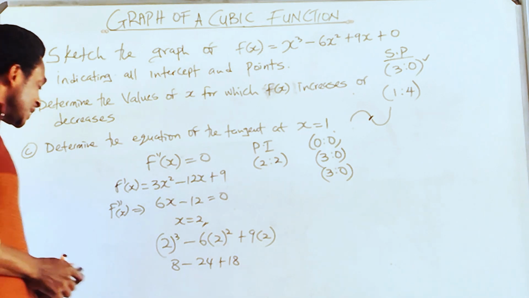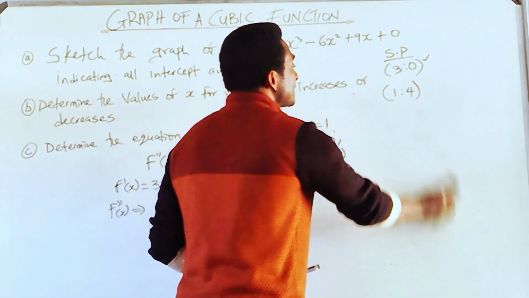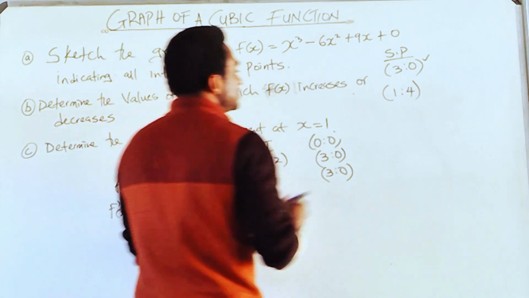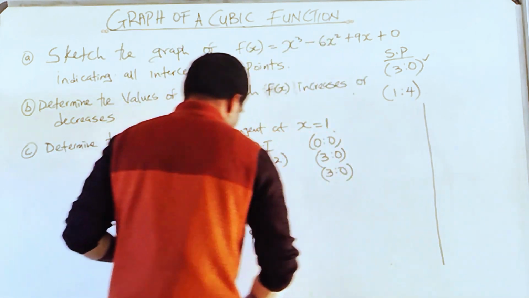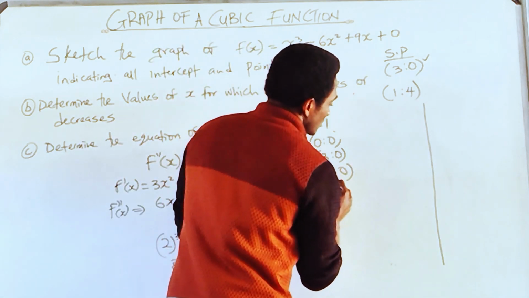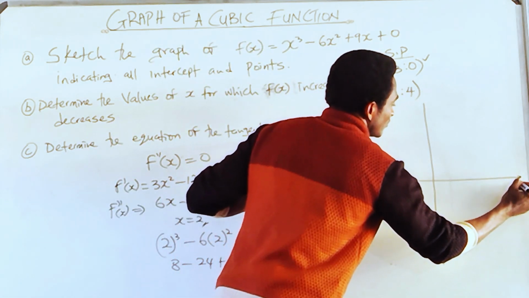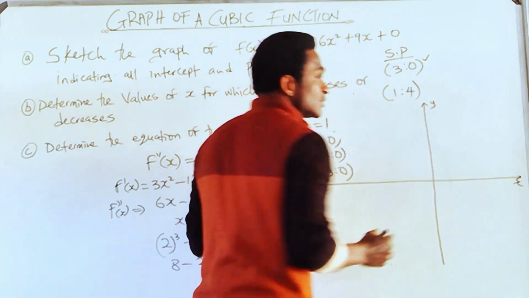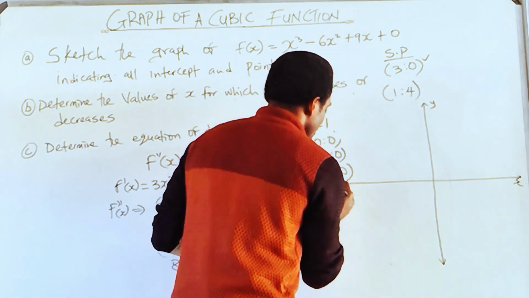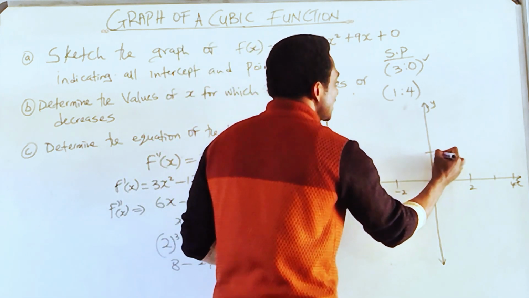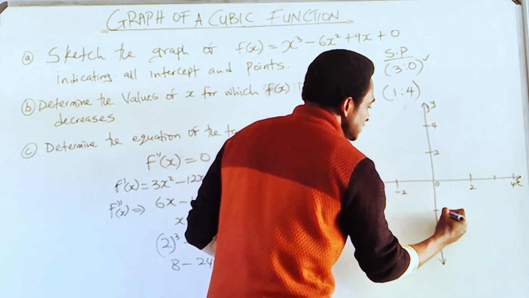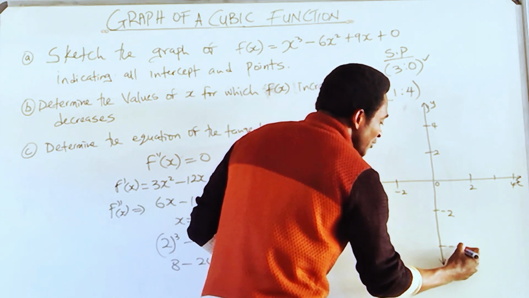Now, let's sketch this graph. The highest value I have so far is 4, so I can go to 4, 6, and the same place using proper calibration.